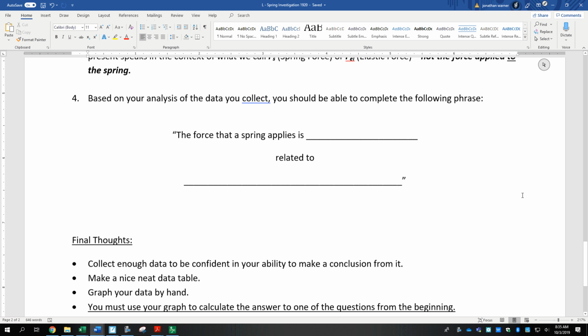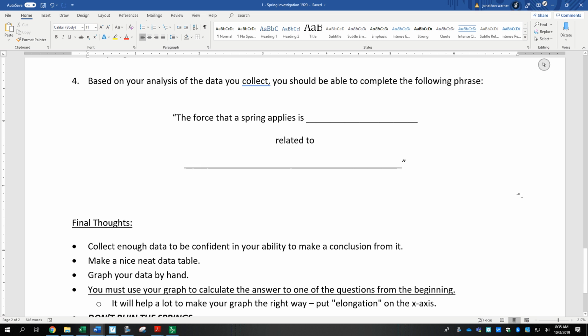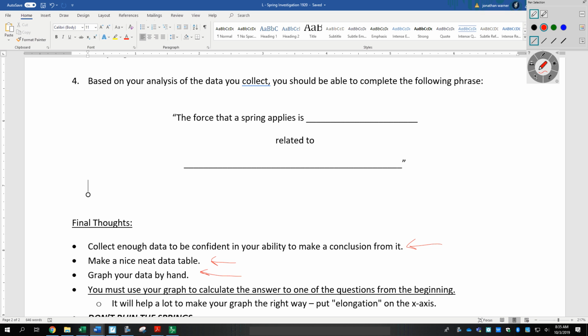You don't have to do it right now, but read. And by the end, you ought to be able to answer or fill in these blanks. You're going to collect some data, enough data that you can feel confident about a conclusion. You're going to make a data table. You're going to make a graph by hand. There's graph paper that will be provided for you.